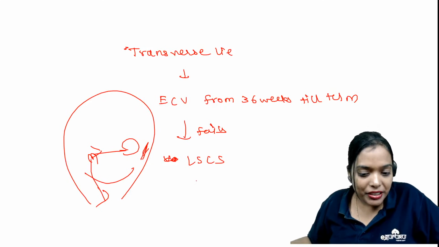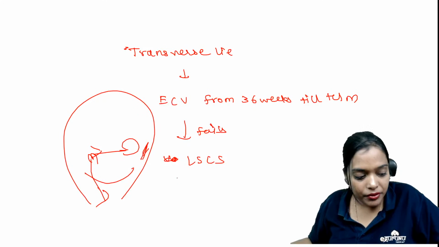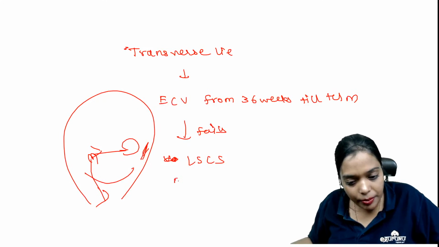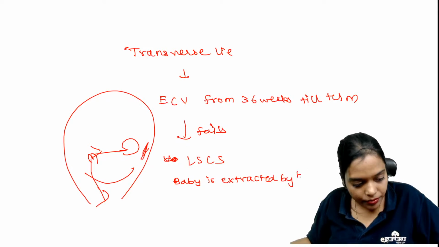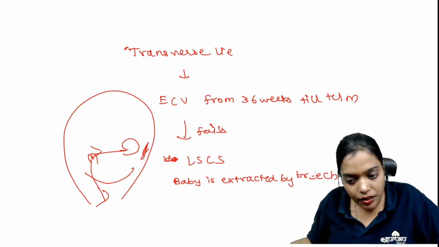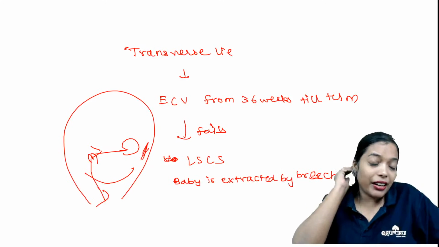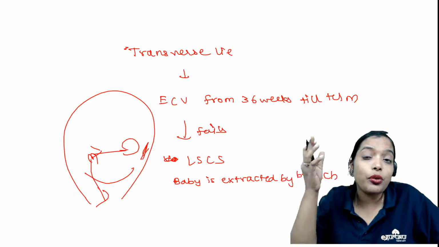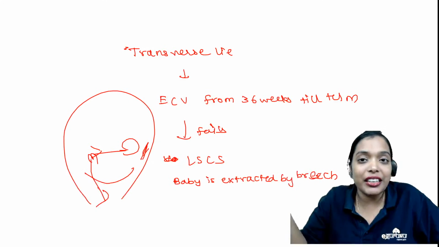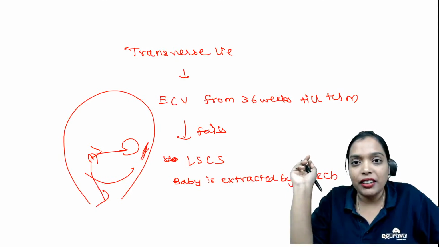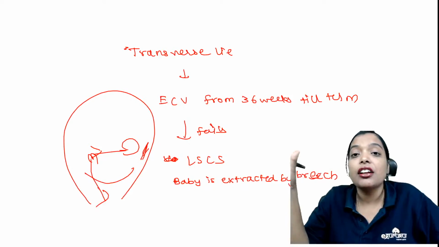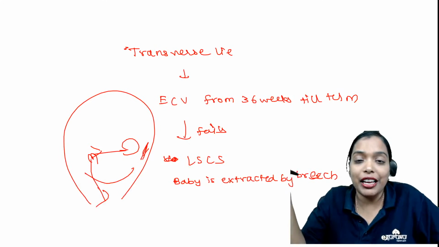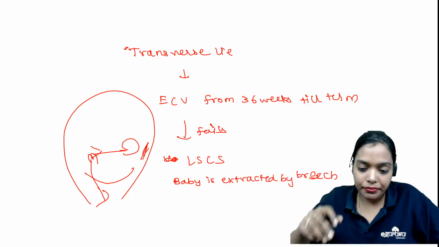So lower segment cesarean section, and baby is extracted by breech. It's a relative contraindication to do ECV when the patient is in labor, although membranes are intact. It's not an absolute contraindication, but it is a relative contraindication to do ECV when the patient is in labor with membranes intact.